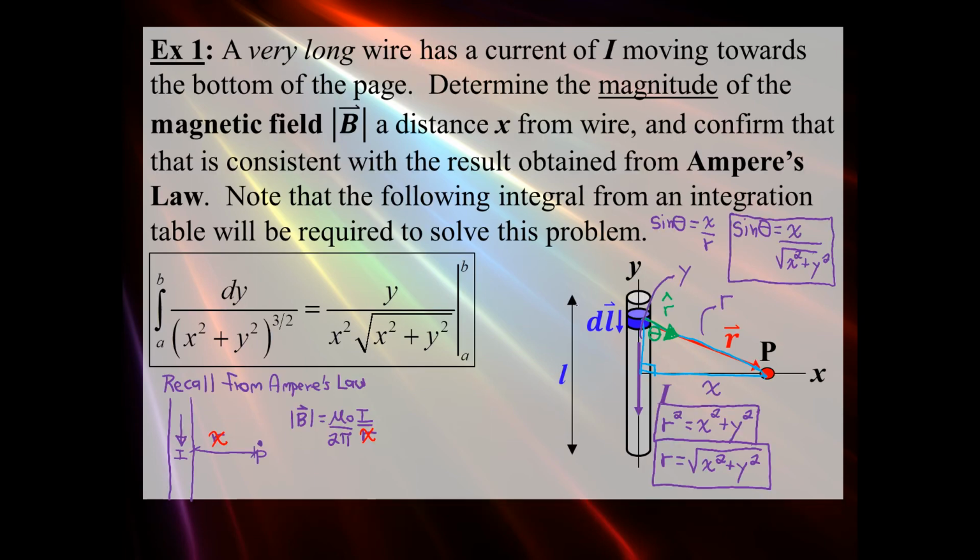We're not going to use dl. If we go back to this picture, the differential thickness is defined along the y-axis. So instead of calling this dl, I'm actually going to change it to dy. It's my infinitely small thickness along the y-axis.